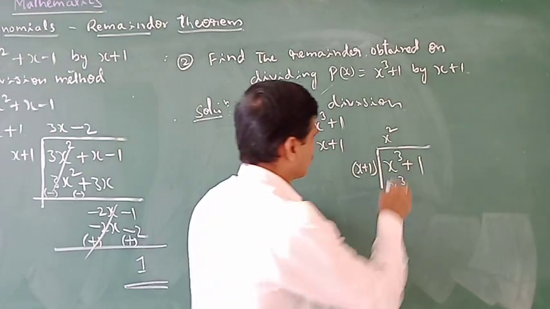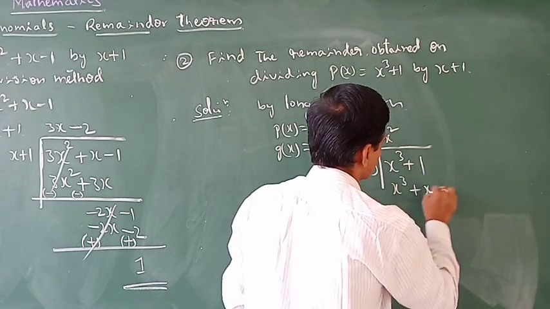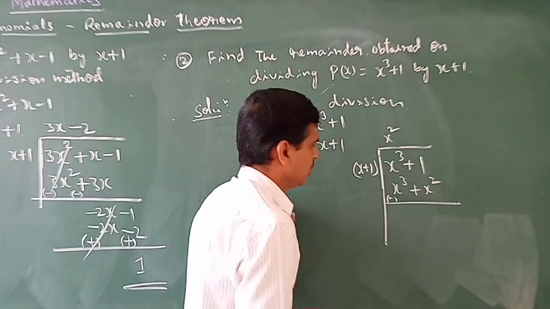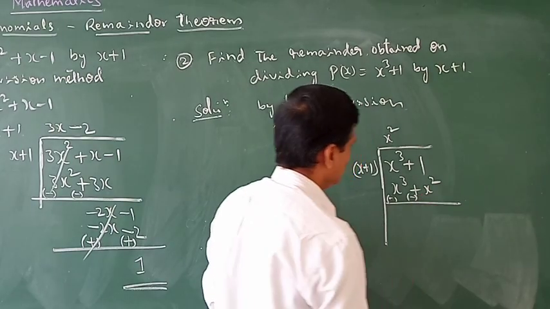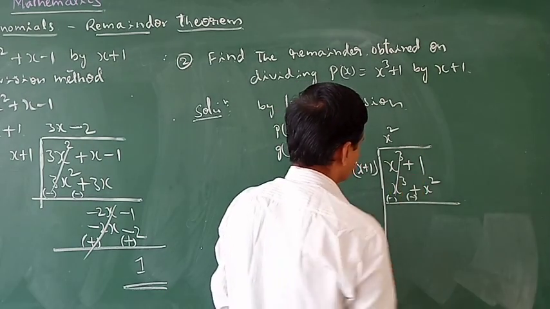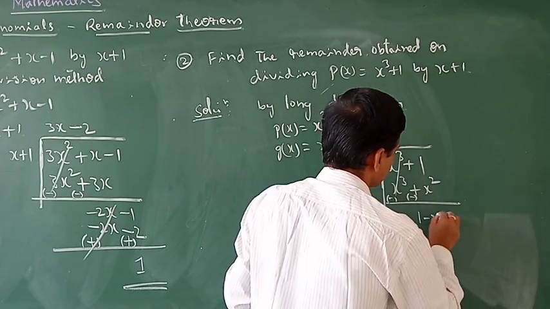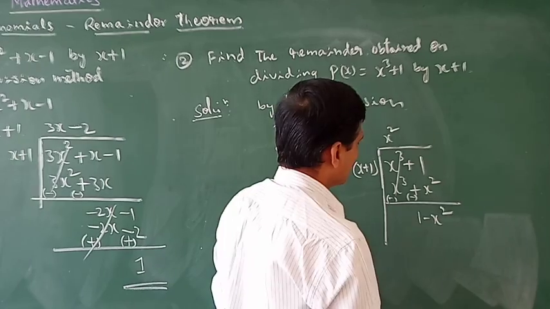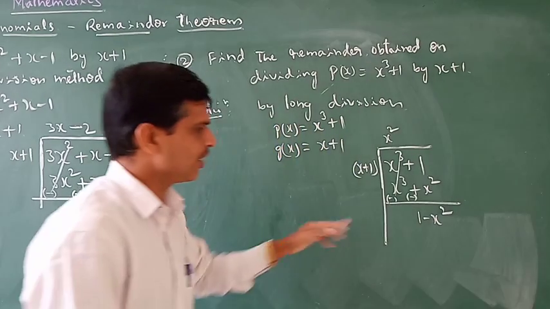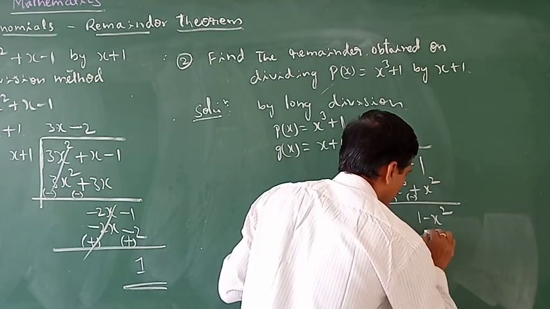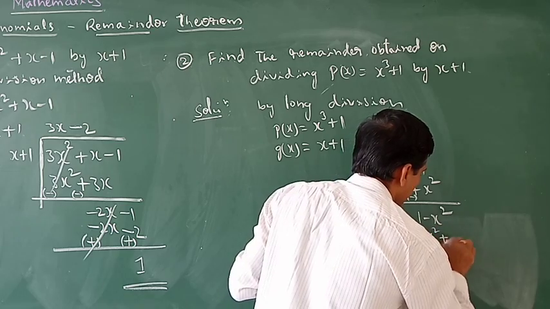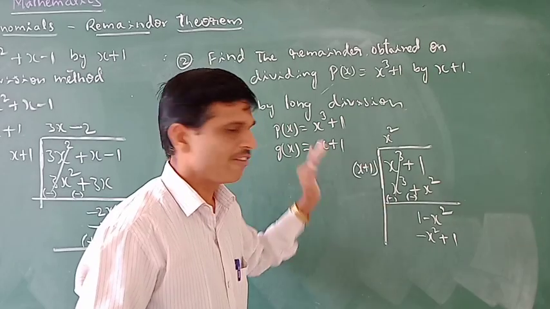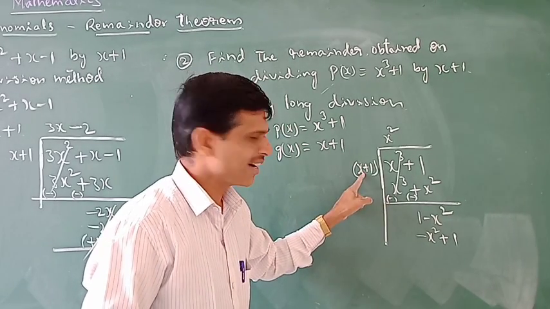So the process will continue. x square times 1 is plus x square. Now on subtraction, it becomes minus and it also becomes minus. This one is cancelled, and we get 1 minus x square. Now, in order to eliminate, which term do we want to take first? Minus x square. So I want to write it like this, because I said in the first step that the dividend or divisor, whatever it may be, should be in standard form.